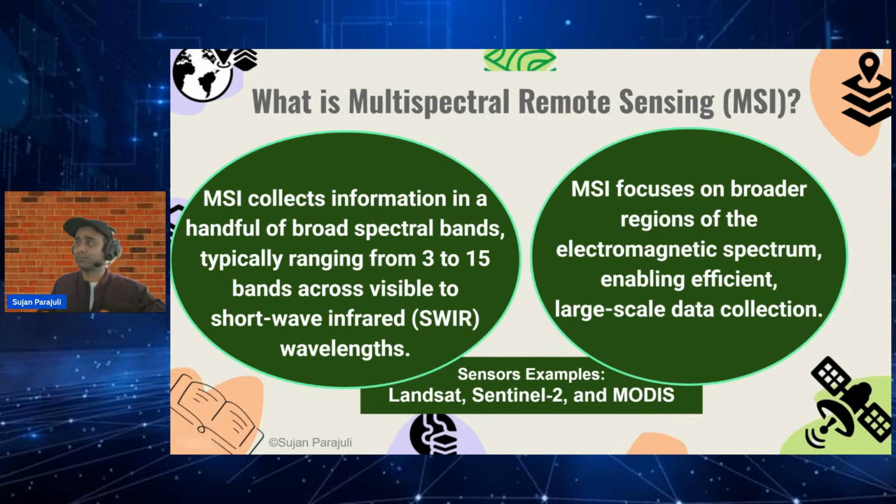Multispectral imaging focuses on the broader region of the electromagnetic spectrum. That's why it covers a large area, and it's good for efficient, large-scale data collection. Common examples of multispectral remote sensing are Landsat data, Sentinel data, and MODIS data.